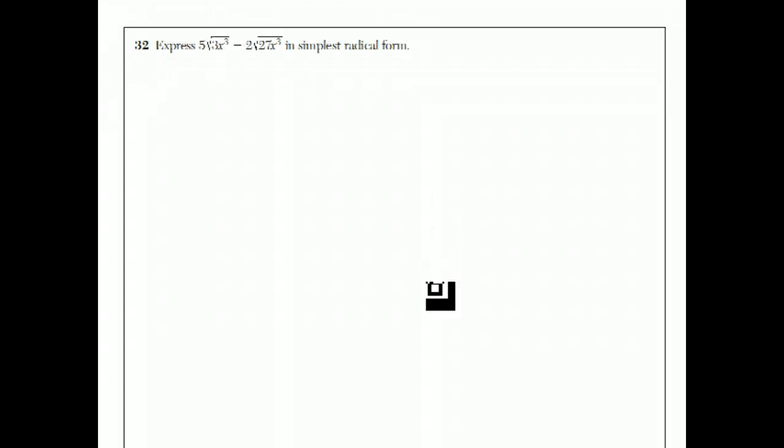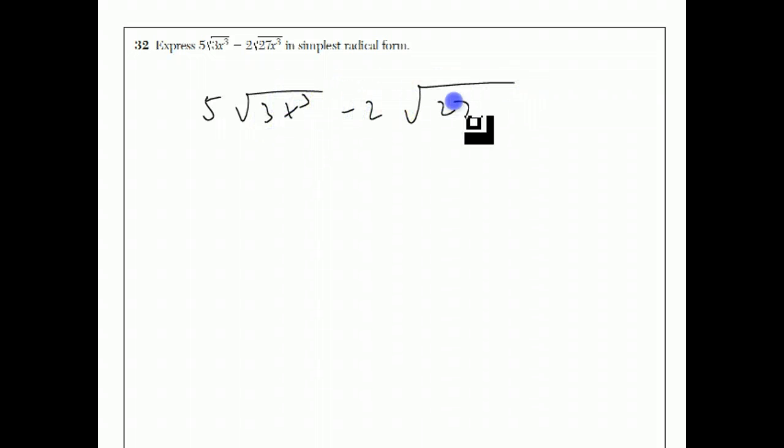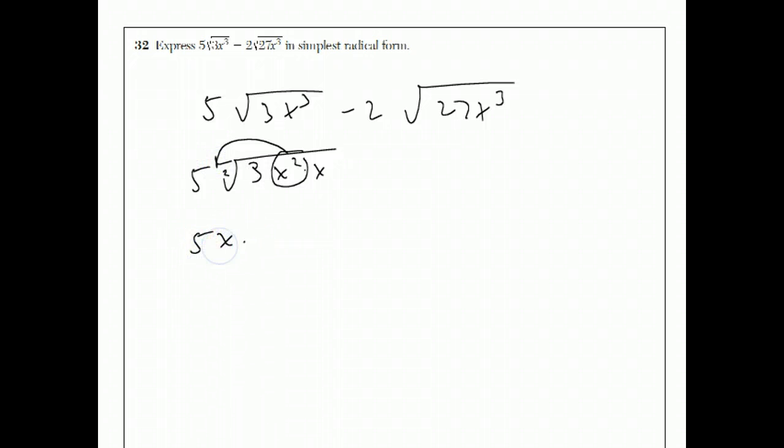Okay, this one's a little tricky to read. It says 5 root 3x cubed minus 2 root 27x cubed. Simplest radical form. We had simplest radical form earlier on in this test. The trick is, when there's x's, to take the square root of x cubed, rewrite it as x squared times x, and then this x squared, square root of x squared is x, so it can kind of come out, as an x.